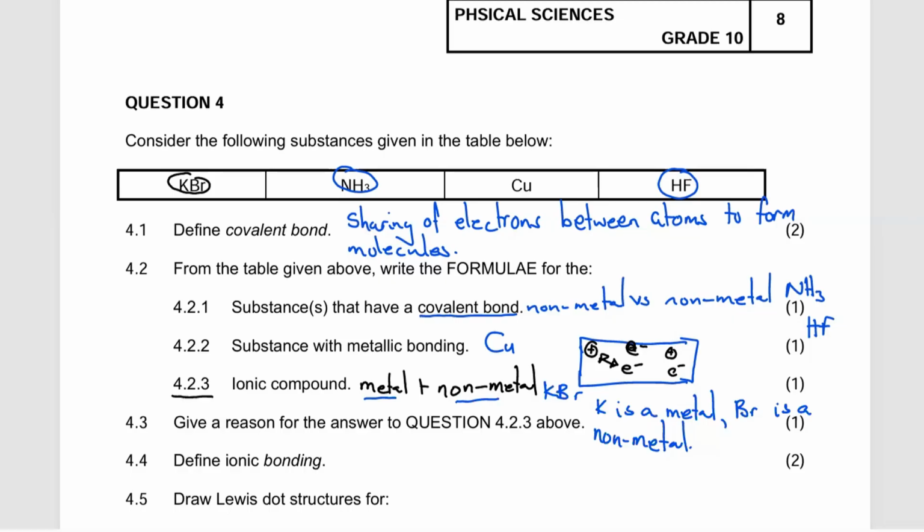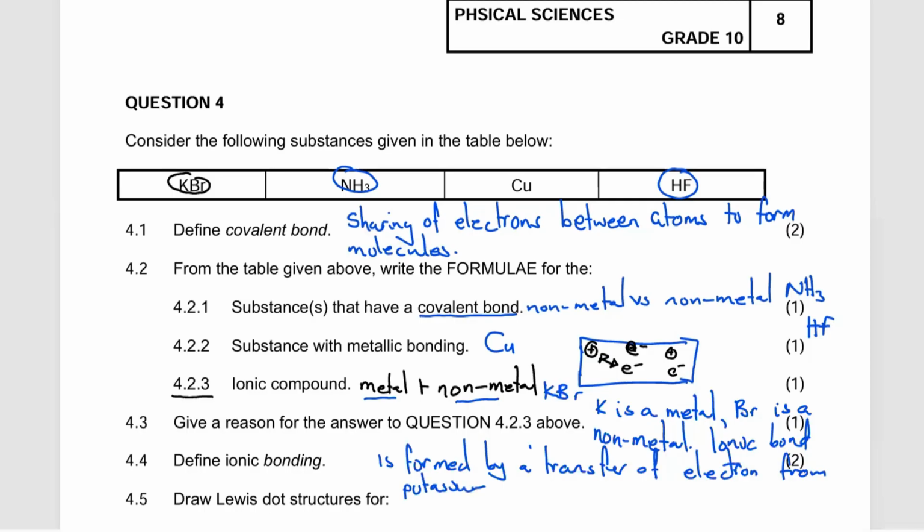An ionic bond is formed by a transfer of electrons from potassium to our bromine, which is our Br, like that.